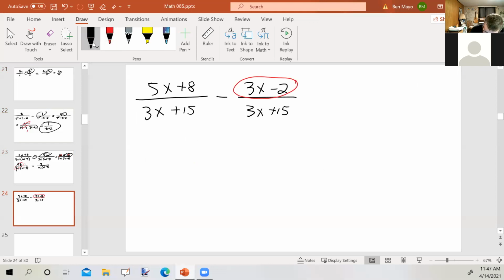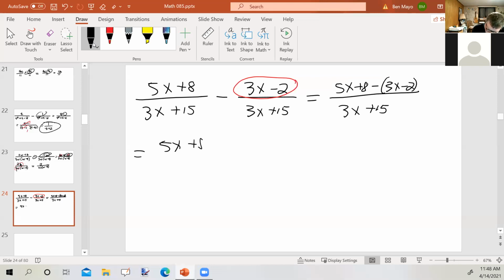So what I need to do is write 5x plus 8 minus the quantity 3x minus 2. Because if you don't quantify it, you subtract the 3x, but you don't subtract the minus 2, and you end up with a minus 2, whereas in fact you should have a plus 2, as we're going to see here in a minute. So I'm going to get 5x plus 8 minus 3x minus a negative is plus 2. Did you have a minus 2 there?